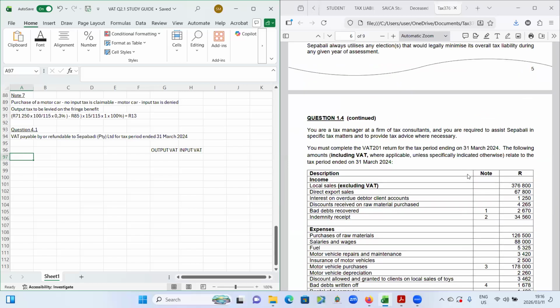Remember, we said depending on the category of the vendor, VAT vendors are registered as category A, B, C, D, and E. Category A and B have a 2-month VAT period, then category C is on a monthly basis.